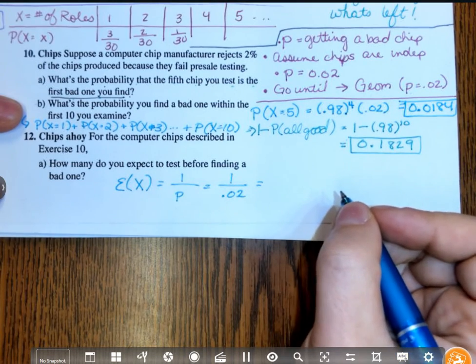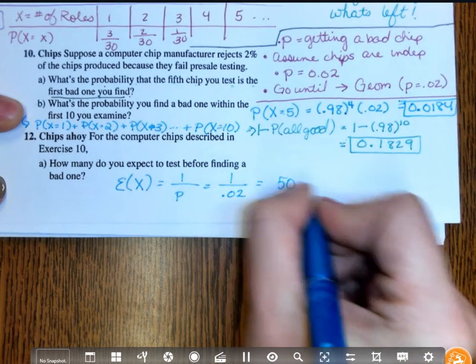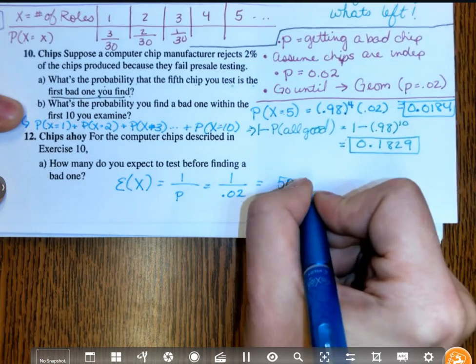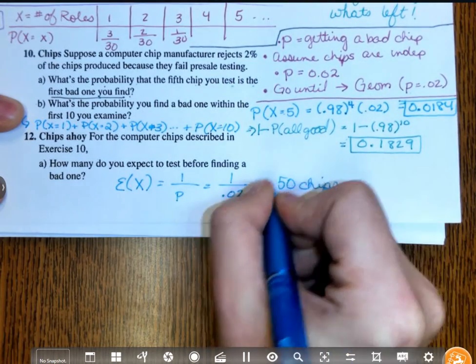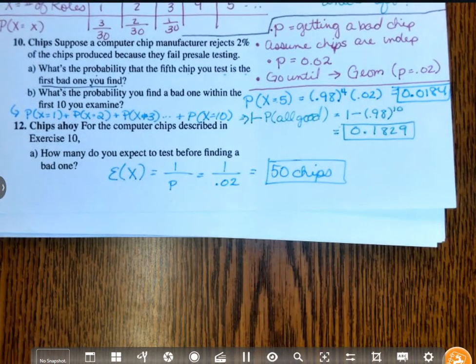I heard it. 50 what? Chips. You probably will have a bad one in 50 chips. Heck, they might all be bad. They might all be good. But in the extreme long run, that's what you expect, 50 chips. Okay?